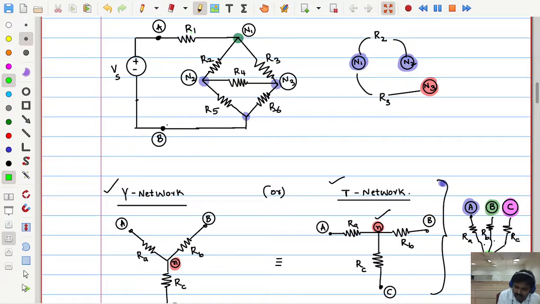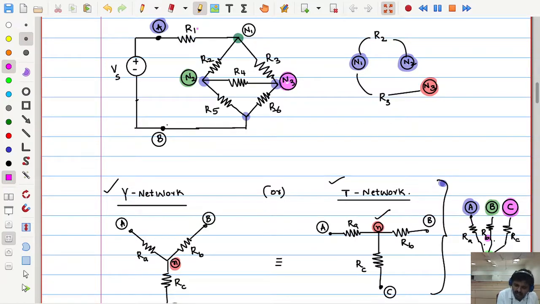N1. Where is R1 connected? At A. Where is R2 connected? At N2. Where is R3 connected? At N3. Now, could you see this kind of logic here, that A is equivalent to A, B is equivalent to N2, and C is equivalent to N3, and RA is equivalent to R1, RB is equivalent to R2, RC is equivalent to R3.